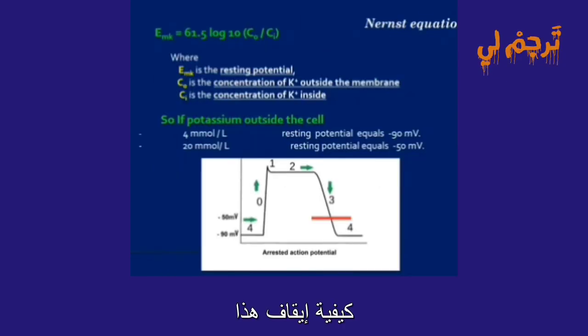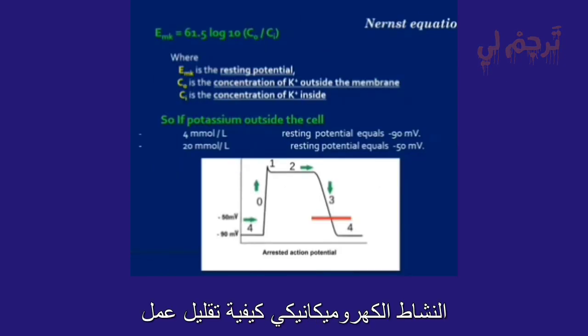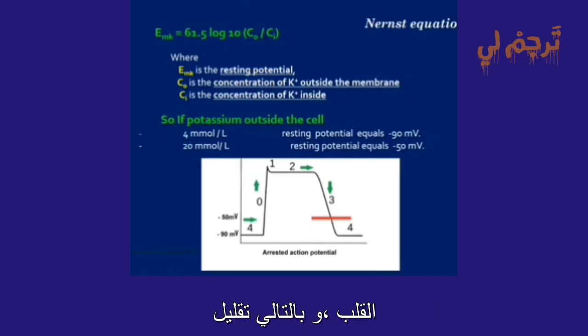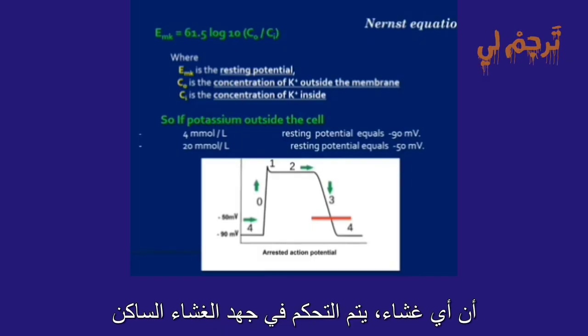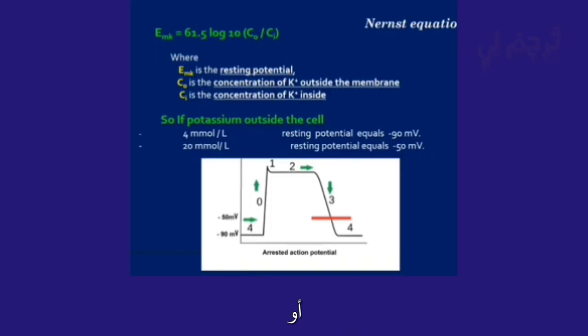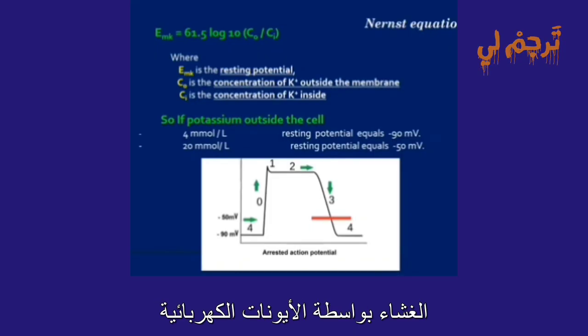How to stop this electromechanical activity, how to reduce the work of the heart and hence reduce the oxygen requirement of the heart? This is explained by what we call the Nernst equation. What Nernst proposed is that for any membrane, the resting membrane potential, or the electrical potential of that membrane, is governed by the electrical ions or electrical charges on either side of that membrane.